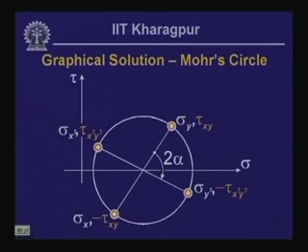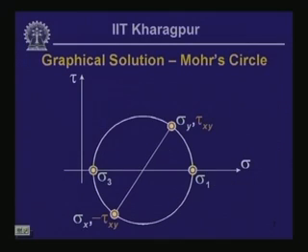Okay. Now, before I quit this discussion, I want to introduce two more interesting aspects, and the first one is the notions of major principal stress and minor principal stress.